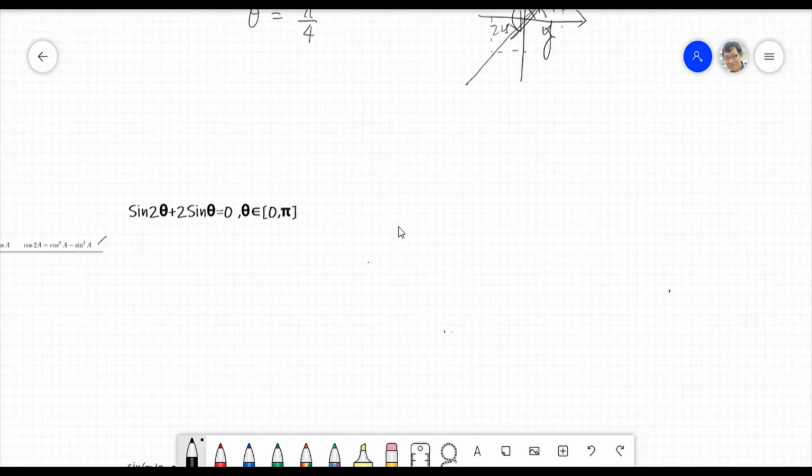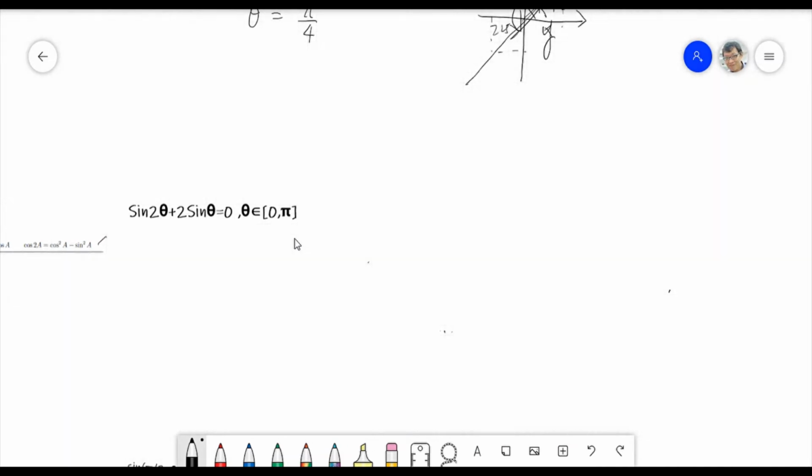How about this one? Sine 2 theta plus 2 sine theta equals 0, and theta belongs to 0 to pi, with brackets. How do we solve this? We first have to simplify. This becomes 2 sine theta cosine theta plus 2 sine theta equals 0.